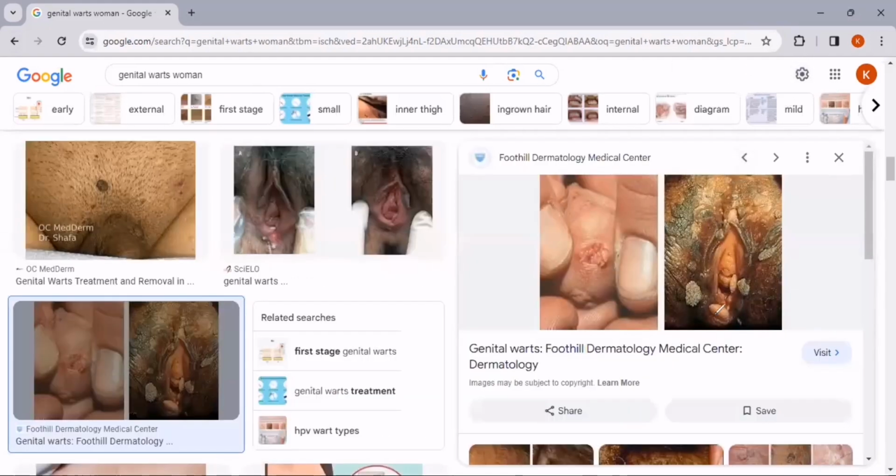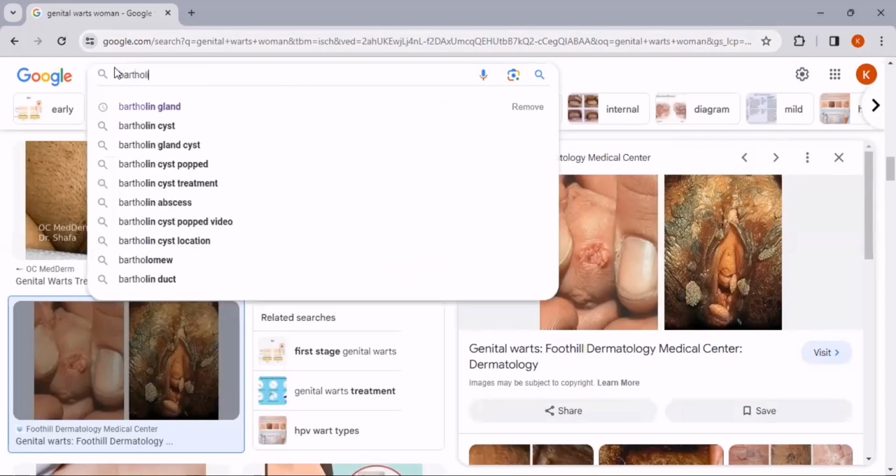So you can see that this is the vulva, right? Can you see this is the vulva? This is the labia majora and then the vaginal opening. And then you can see these warts here. That's genital warts, isn't it? Yes, sir. All right.